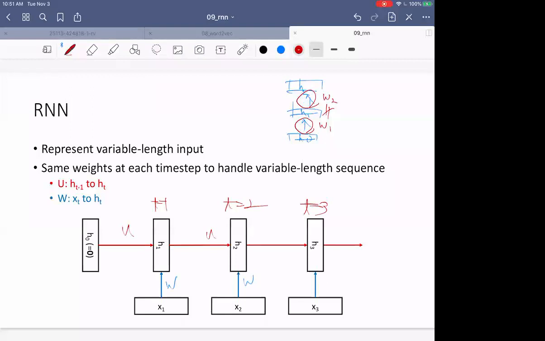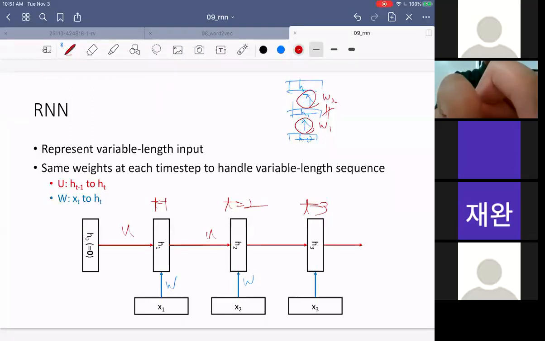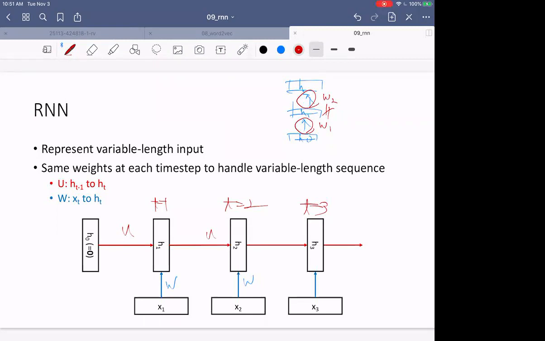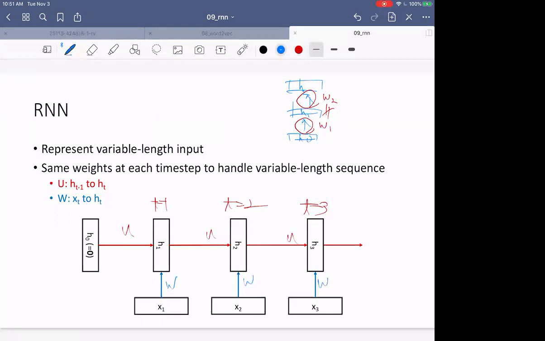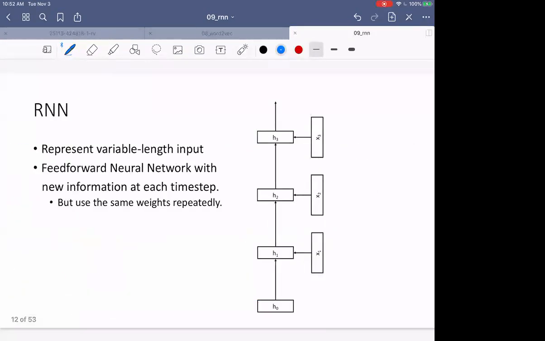U is the one that transforms the latent representation, H1 to H2. W is the one that transforms the input, and then again, U and W. So it doesn't matter how long your input sequence will be, because you are using the same U and W at every single time step. You don't need to worry about how many inputs there will be. That's the good part about RNN.